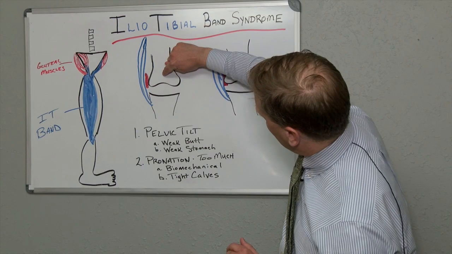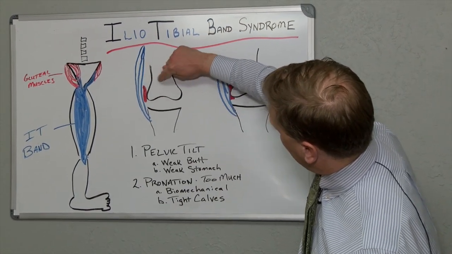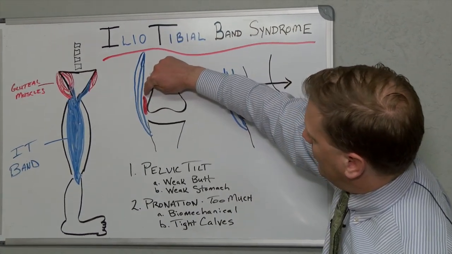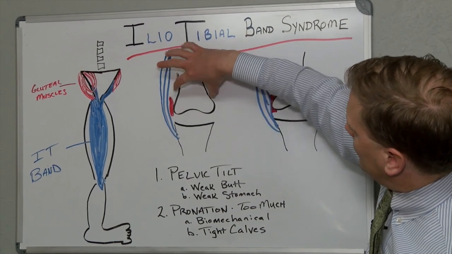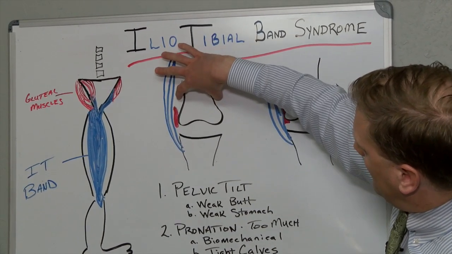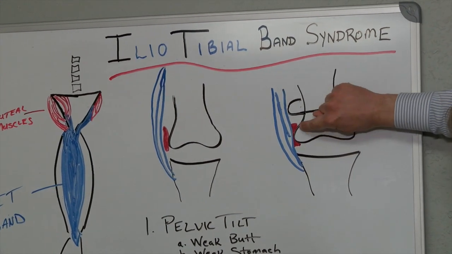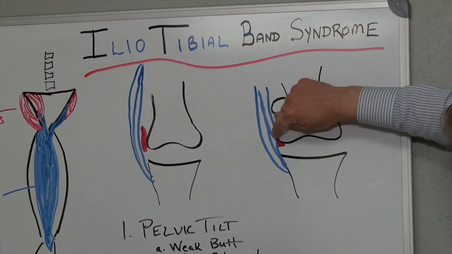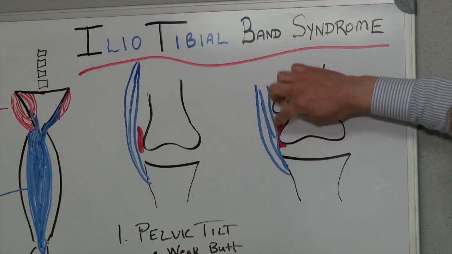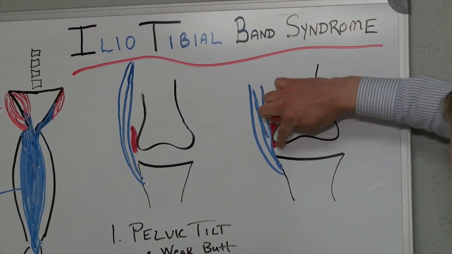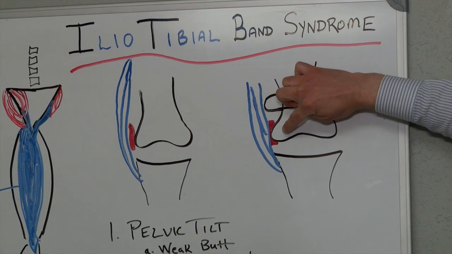And this is our femur bone. In between the IT band and the femur, we have a fluid-filled sac called a bursa. So normally the femur is going to stay very level. However, if the femur rotates inward, it's going to squish the bursa and it's going to rub then on the IT band. And that IT band then is going to get really, really irritated and inflamed.